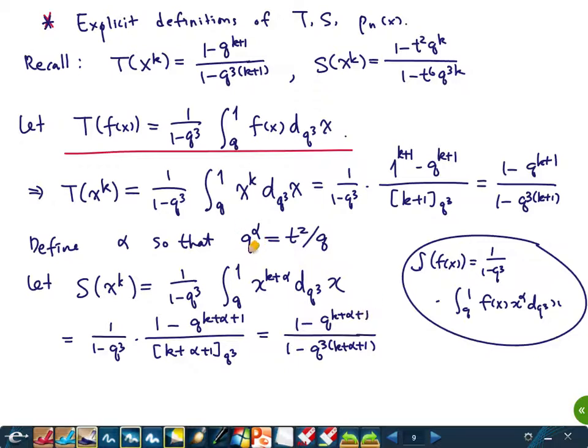But because we defined q to the alpha like this, it will just become like that, right? Is this as wished? Just a substitution of alpha there, then you get that. So these two operators, T and S, are given really by just the Q integral, like this. Rather simple, not that hard. This and this.